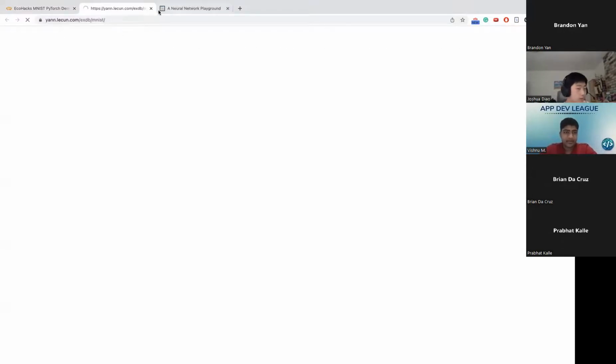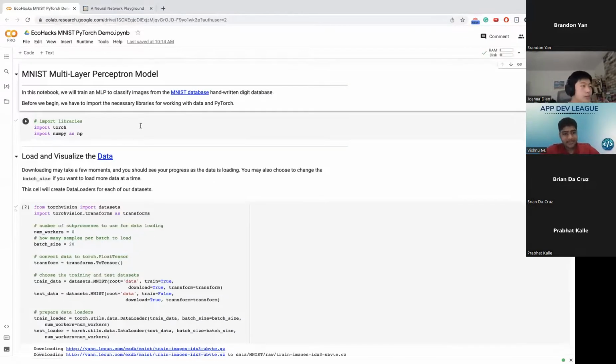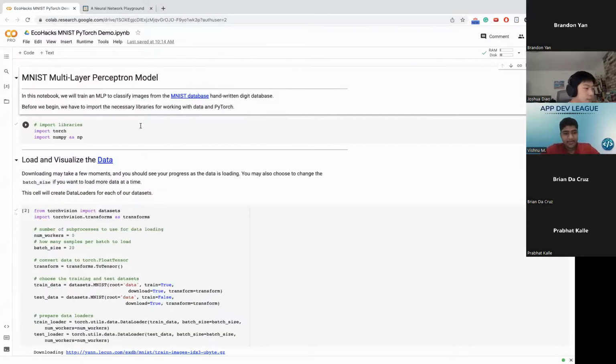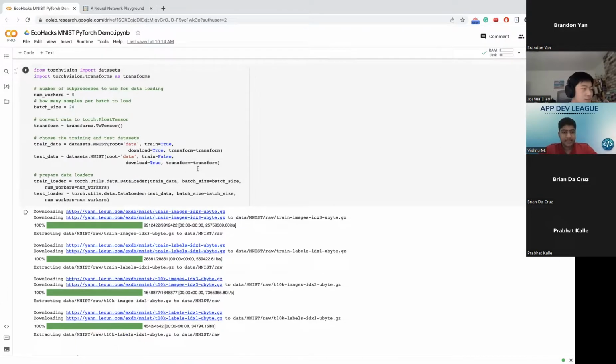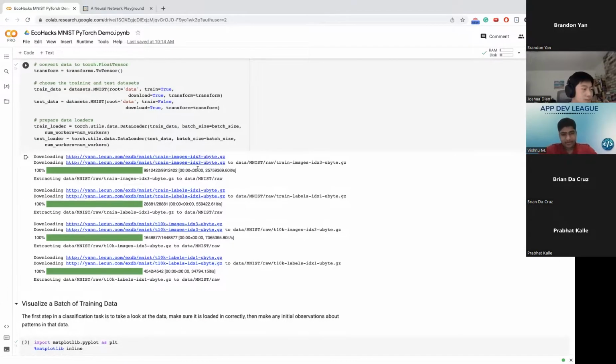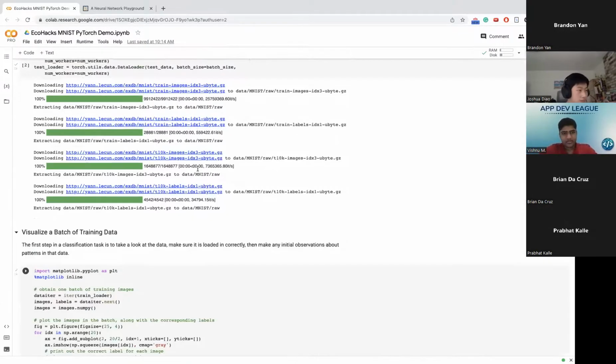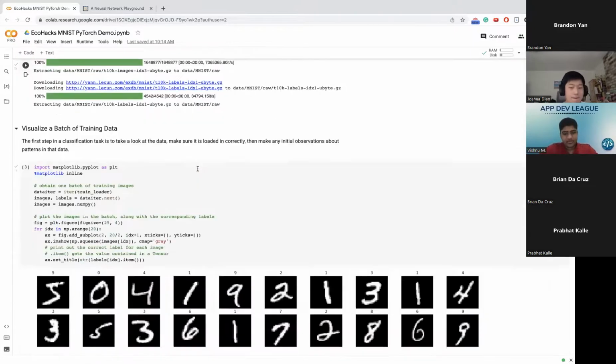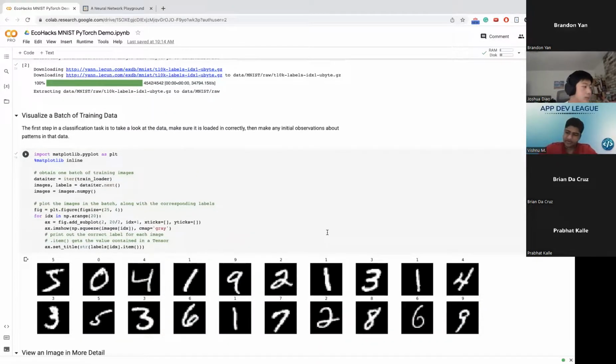MNIST is a standardized set of human handwritten numbers. It's a really standard thing used to train neural networks on, and the goal is to classify these handwritten numbers as 1 or 2 or 3 or something. You just want to classify the number from the image.